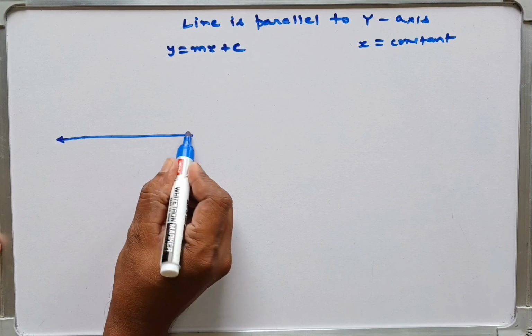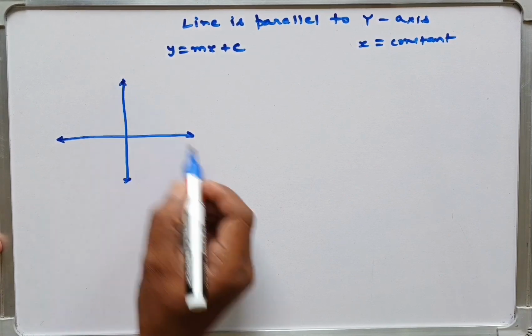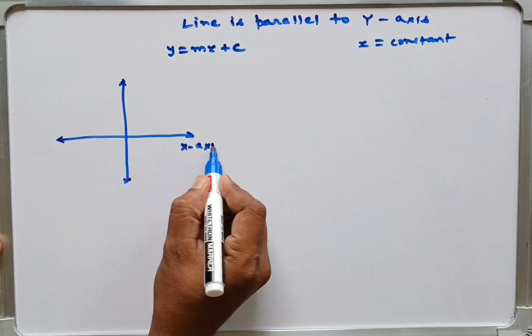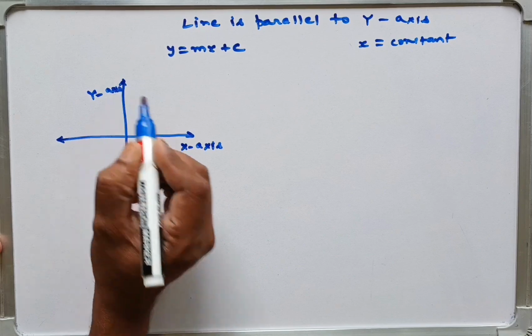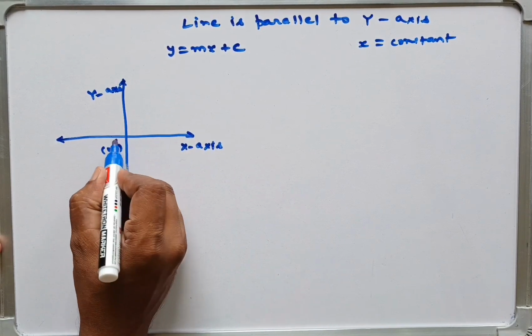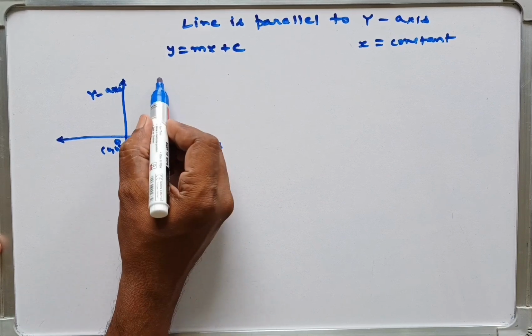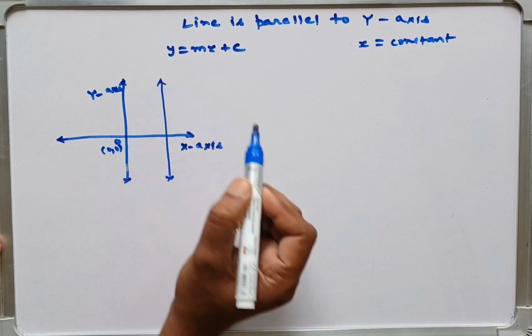This one is the x-axis, this one is the y-axis, and this one is the origin O, as explained in our previous lecture.